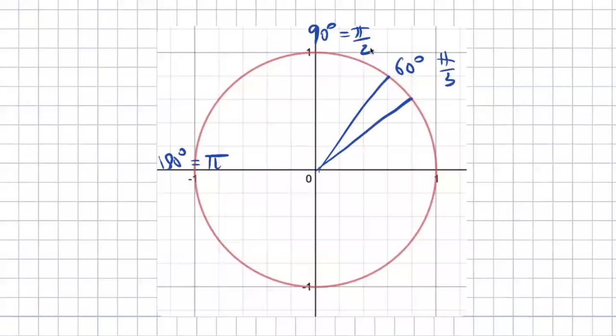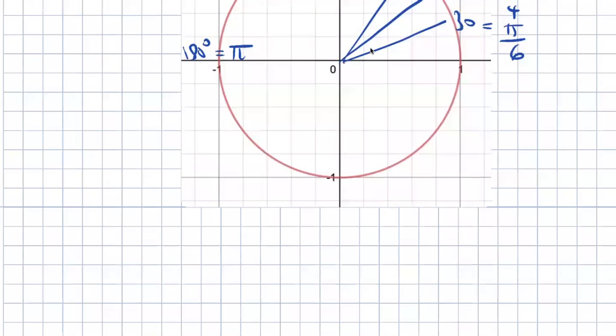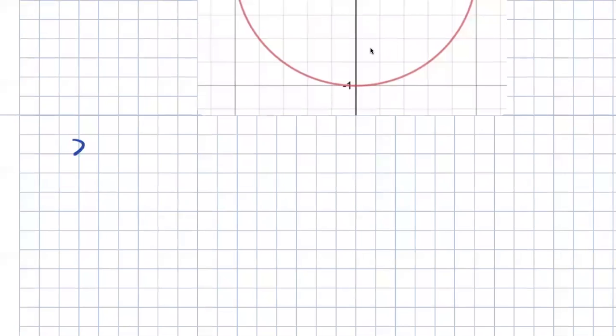If I've got 45 degrees, that's half of 90, and that's equal to pi over 4. 30 degrees is half of pi over 3, which is pi over 6. And we can end up with a full circle.